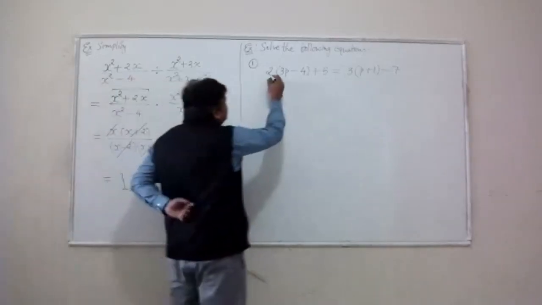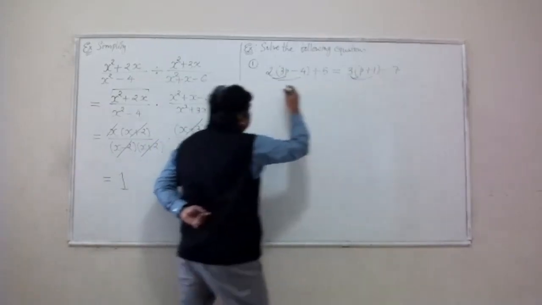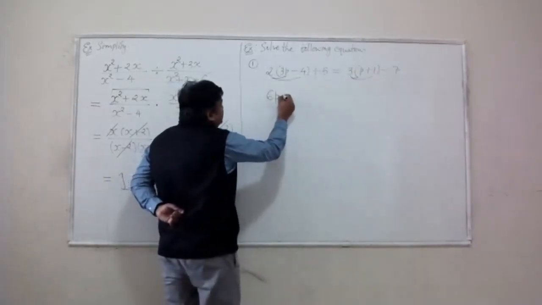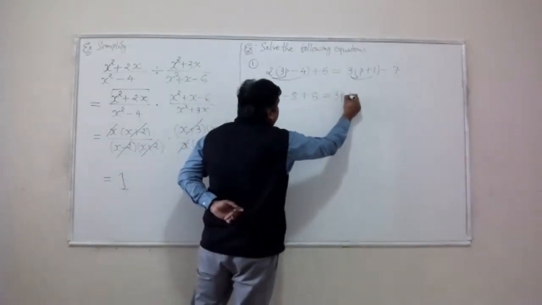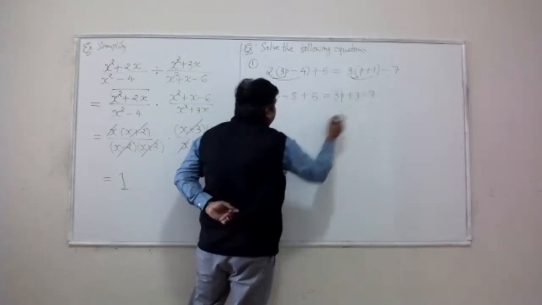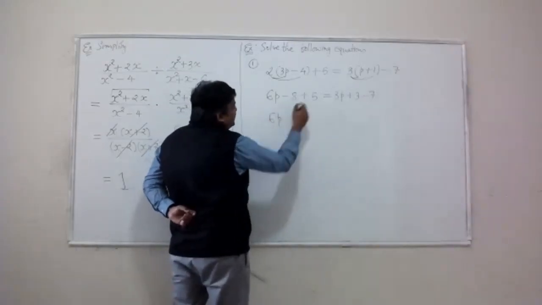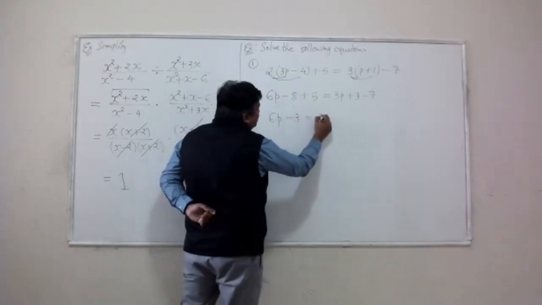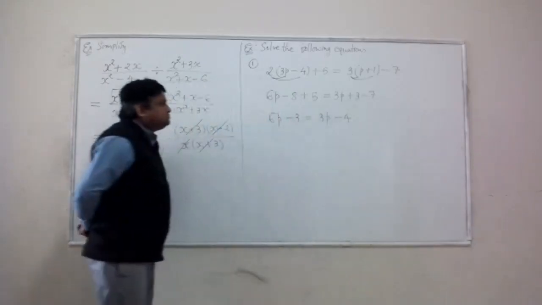All I have to do is simplify both sides as much as possible. Get 6p minus 8 plus 5 equal to 3p plus 3 minus 7. Let's take care of like terms from both sides. Negative 8 plus 5 is negative 3. And then 3 minus 7 is negative 4.